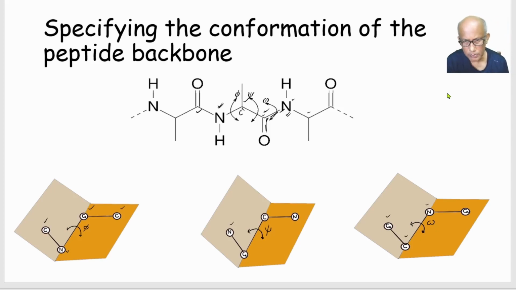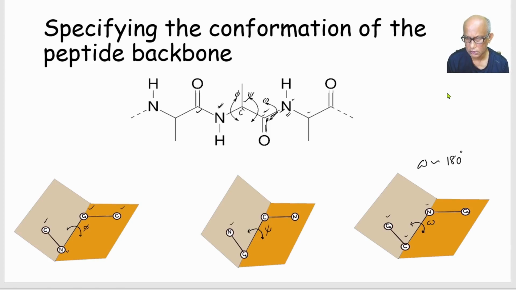Now the entire backbone is specified by these three torsion angles. Turns out further that the omega torsion angle, which is about the peptide bond, is fixed because of the partial double bond character of the peptide bond. It does not rotate so much. So most of the time omega is around 180 degrees.